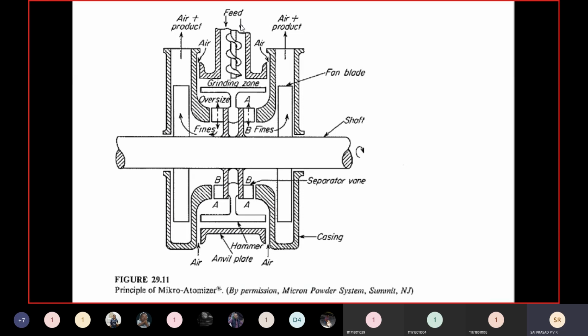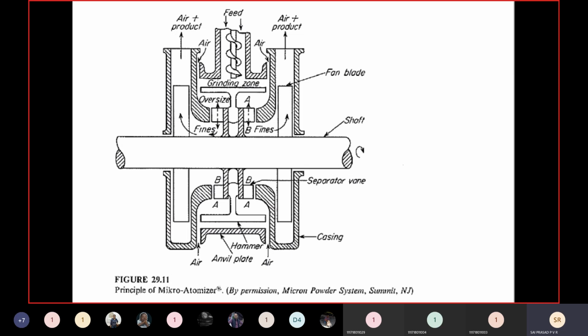As soon as the particle comes here, it will take the blow of this hammer, which is rotating with some RPM. The particle goes away from the center because it is taking the blow of the hammer. Then again it will hit the material of construction, and then again it will break.